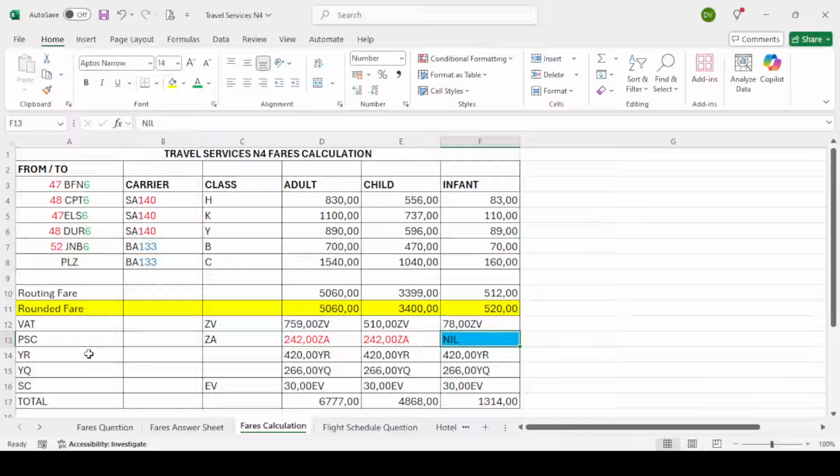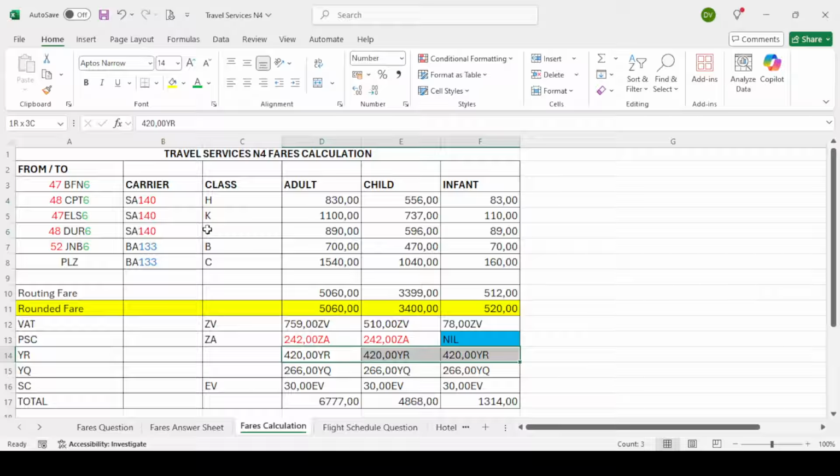For YR and YQ taxes, you're going to charge this per airline. You add all of the same codes together. So SAA is your YR code. You add it together to get your 420 Rand. Everybody pays it.